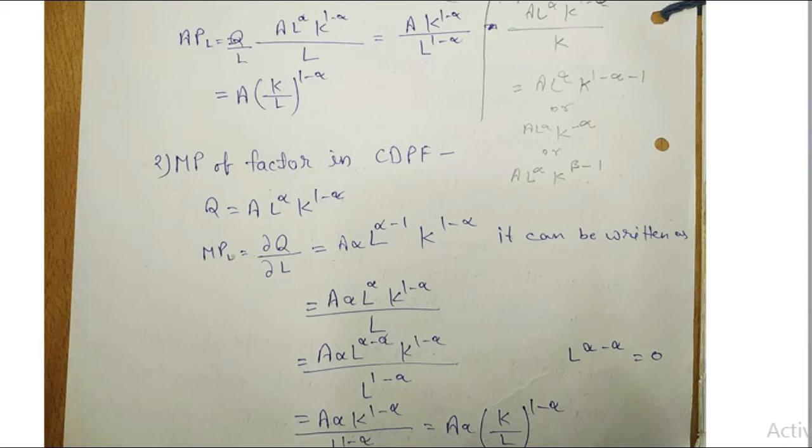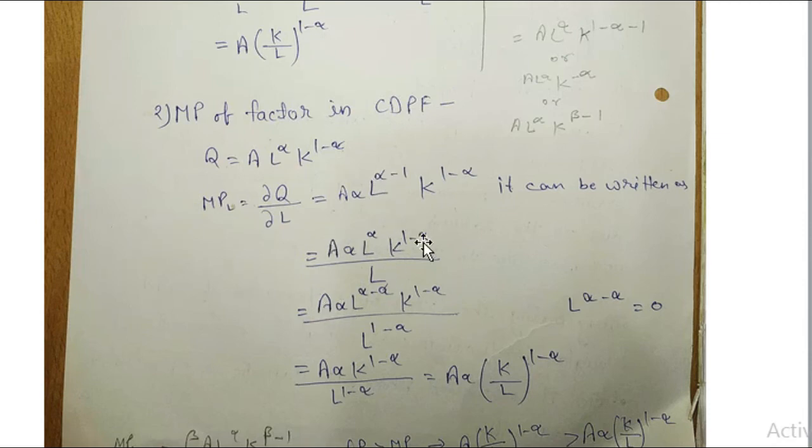I am assuming that you know how to differentiate, and when you solve this, putting this L in the denominator, you get this. So you are bringing this L from here and putting it here. So minus 1 has been cancelled out, and K exponent 1 minus alpha is written like this.